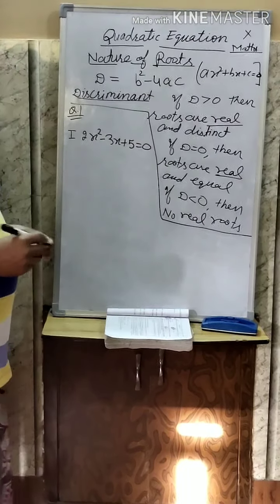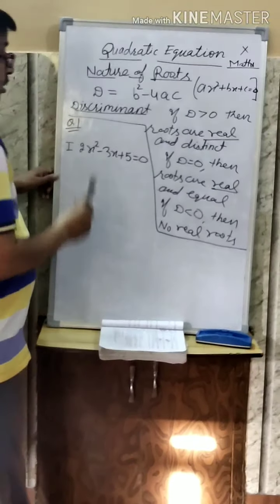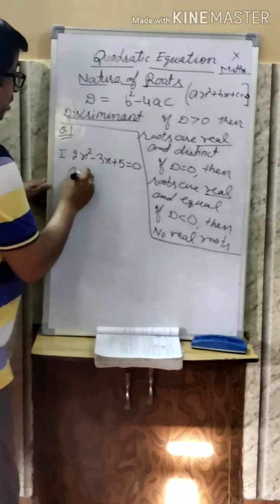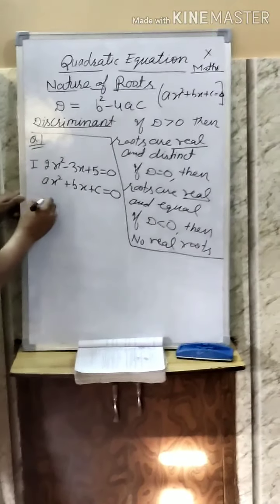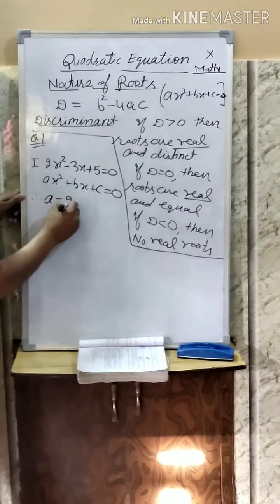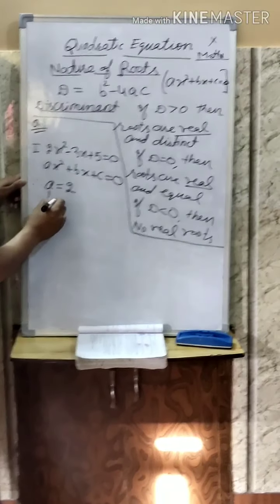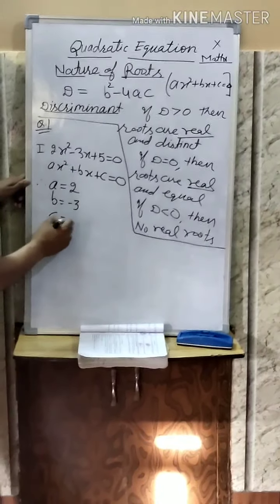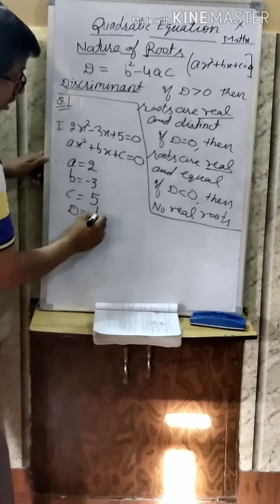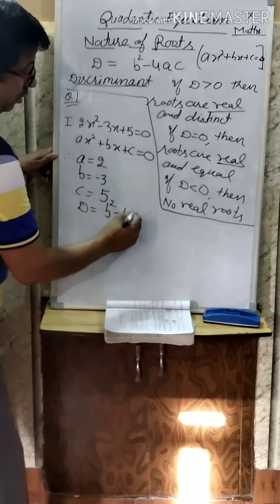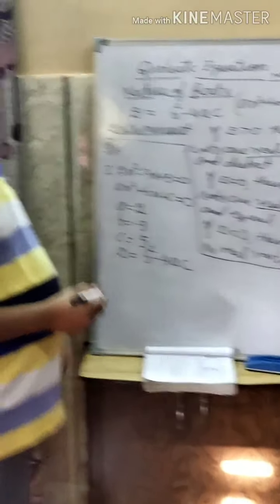So what will you do? First you compare with the standard general form, ax square plus bx plus c equal to 0. Therefore a is equal to 2, b is equal to minus 3, c is equal to 5. So you find out D, that is b square minus 4ac.